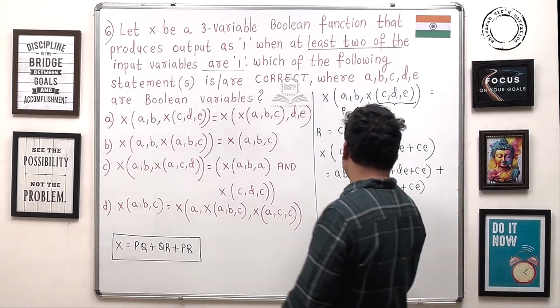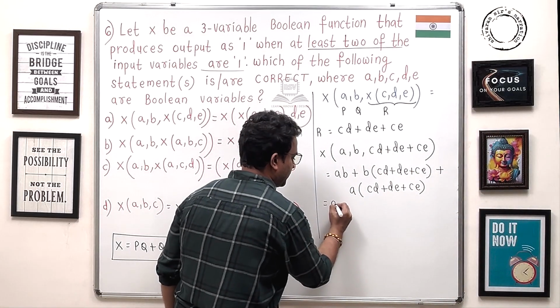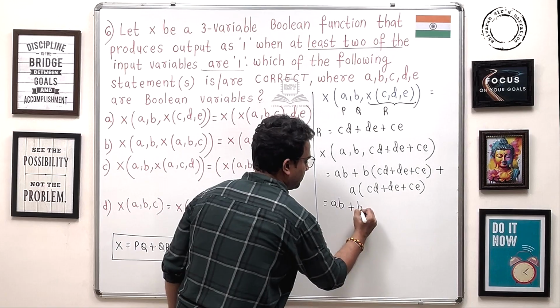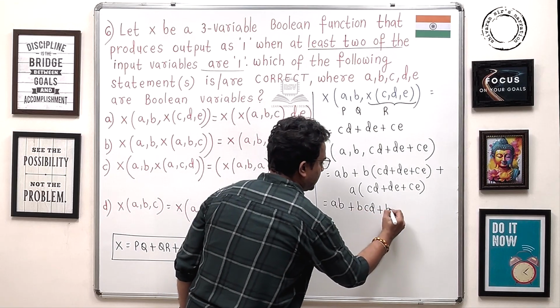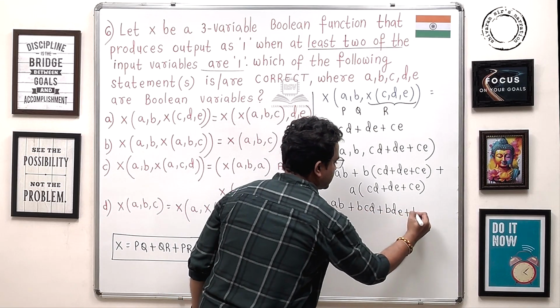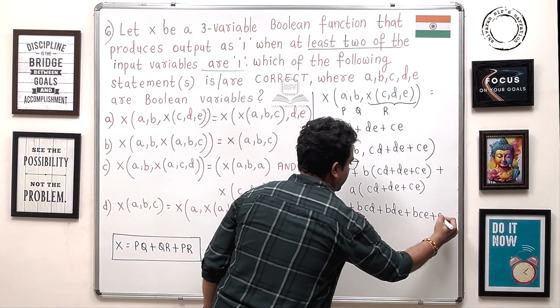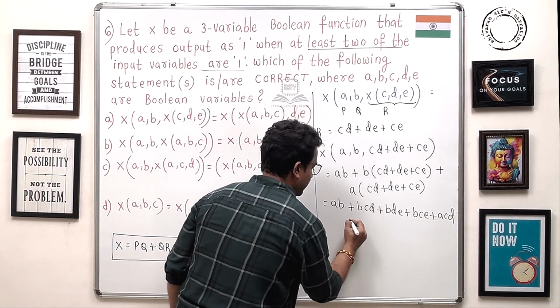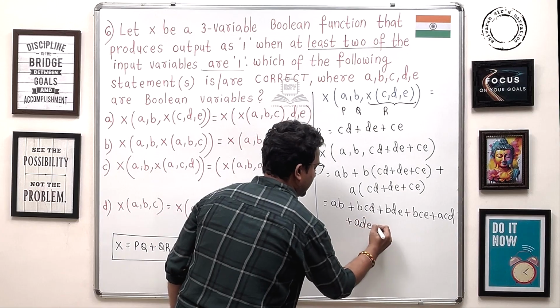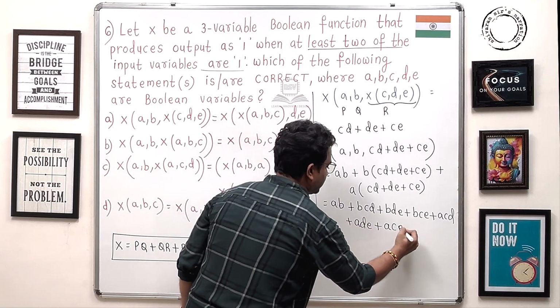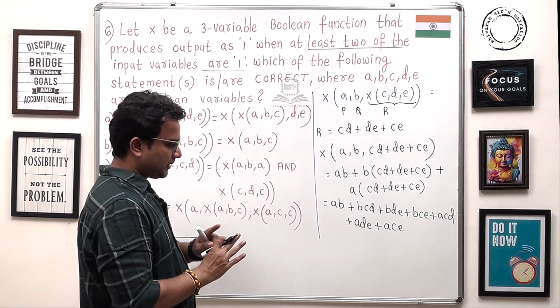Now, when you expand the equation, we get AB, BCD, BDE, BCE, ACD, ADE, ACE. This is LHS done.